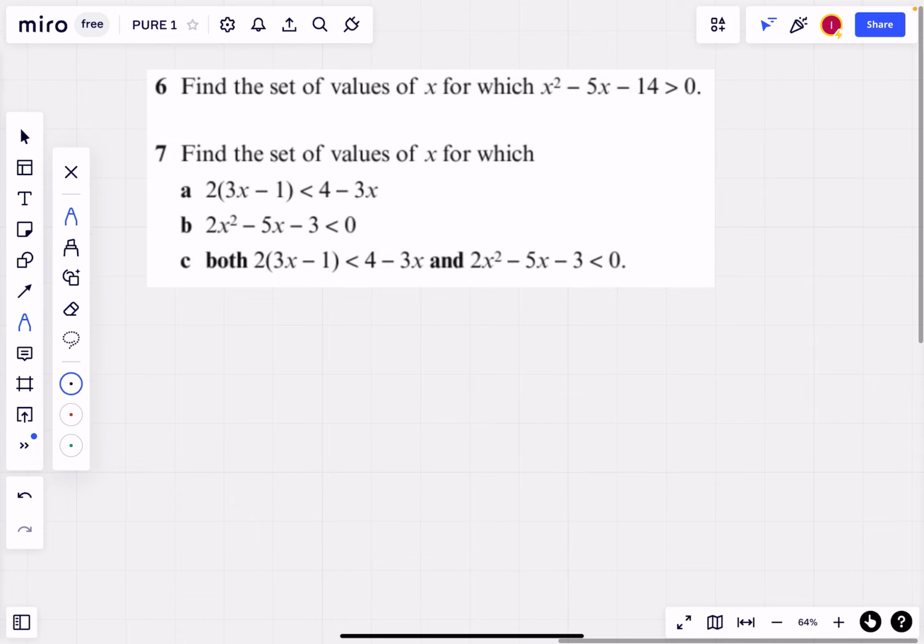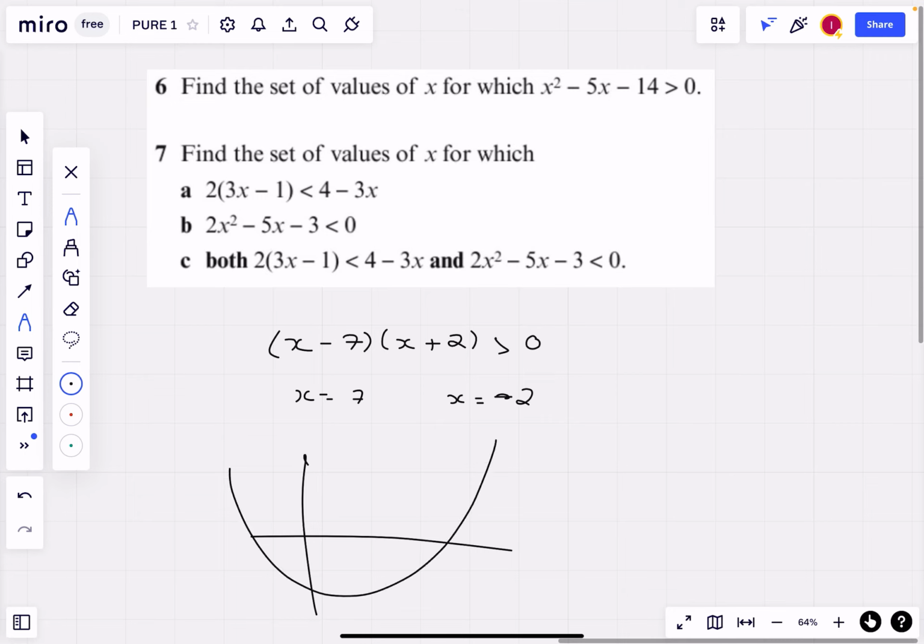So, you are going to solve x squared minus 5x minus 14 equals 0. When you do that, your two brackets are x minus 7 and x plus 2, and that's going to be greater than 0. So x equals 7, x equals minus 2. You draw it, minus 2, 7. You're looking above 0.